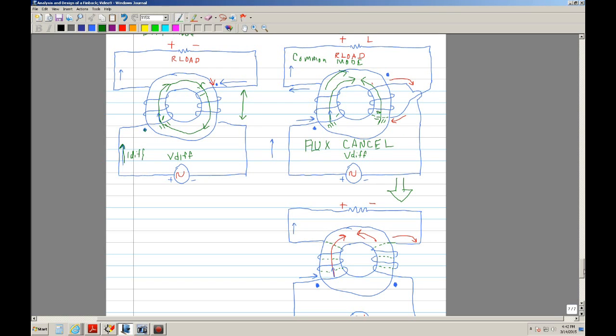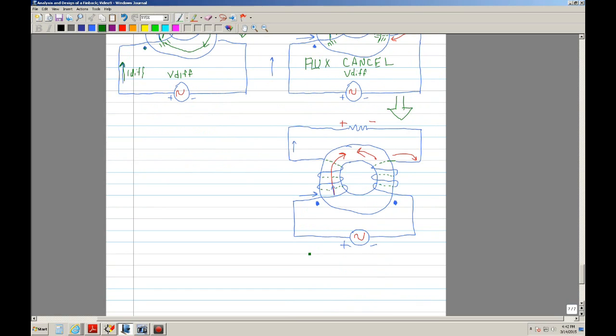Inductor, which is shown here as well. It's a common mode inductor. Okay, so the main idea is that the common mode does not affect differential noise.